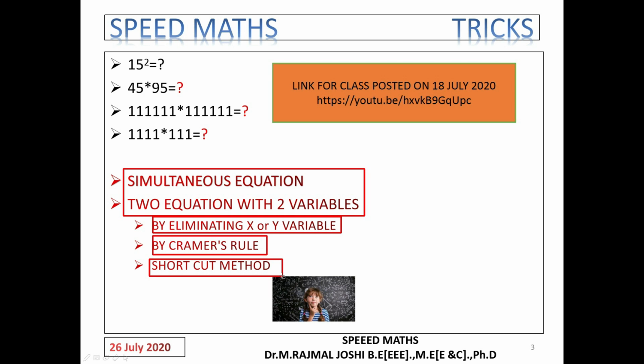Before going to today's second part, I'll just recollect the first part, and those who have not been able to see the first part, you can use this link and refer to the first part of the Speed Max on my channel. In the first part, we have seen that if the unit place ends with 5, how to get the square of that number. And if the unit place is 5, and when you add the tens place you get an odd value, we have seen that procedure.